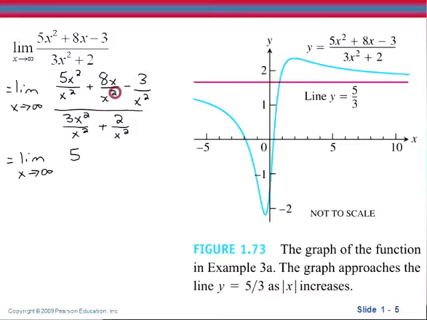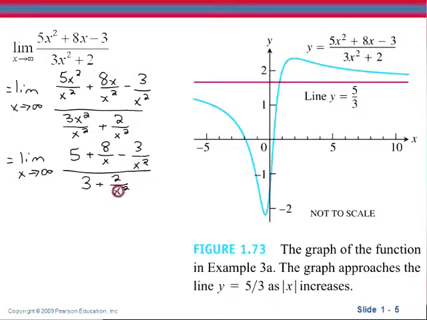And here your x squareds will cancel and you will have 5. Here, remember our quotient rule, we subtract 2 minus 1 is 1, x to the first power in the denominator. Cannot simplify 3 over x squared. In the denominator of the fraction, our x squareds cancel and we'll have 3, and then I cannot simplify 2 over x squared.